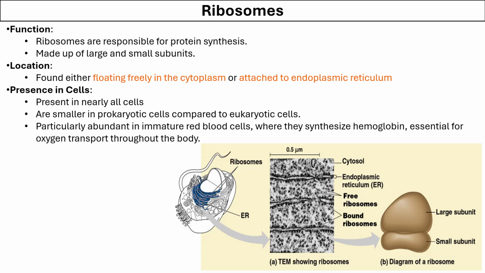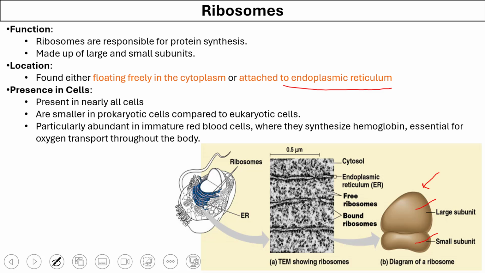Another very important structure in the cell is the ribosome. The ribosome has two subunits, the large subunit and the small subunit. The ribosomes can either be present floating in the cytoplasm or can be attached to the endoplasmic reticulum.